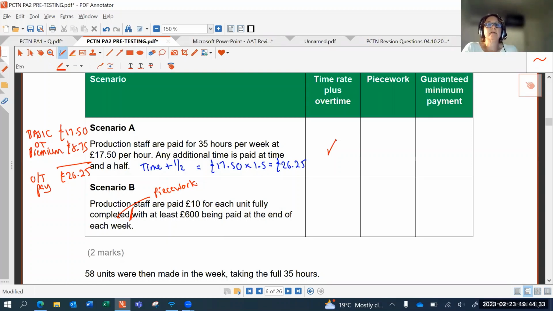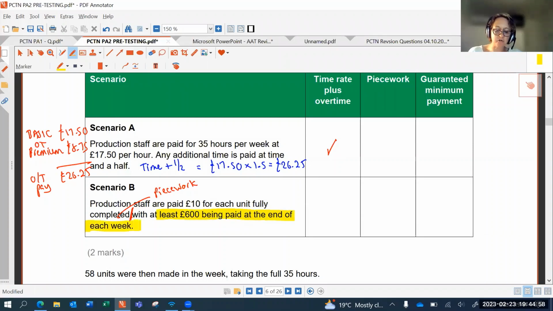But because of minimum wage legislation and employee rights, employees are entitled to earn sometimes a guaranteed minimum amount. They've got to be able to earn enough to survive, and that's what's happening here. So they are in a piecework scheme, but they are actually guaranteed £600 pay at the end of the week.